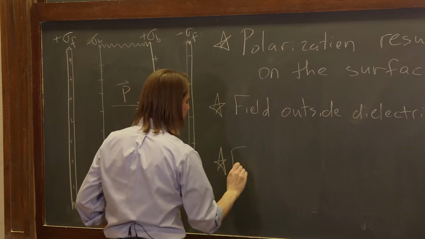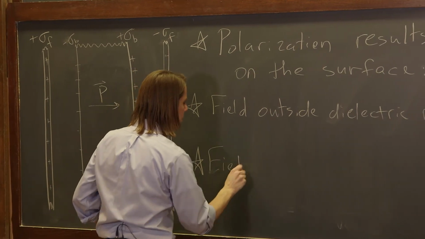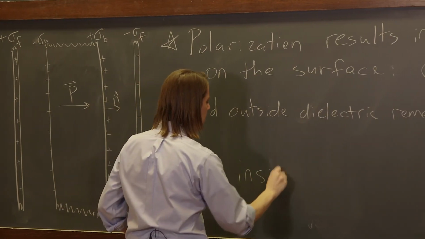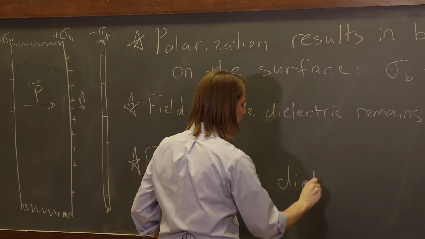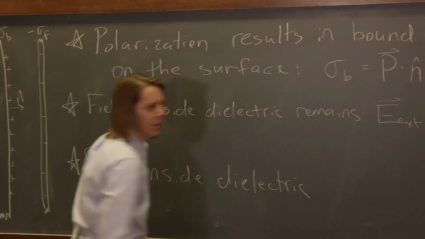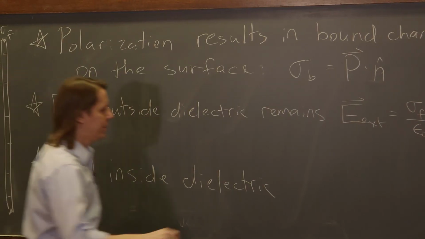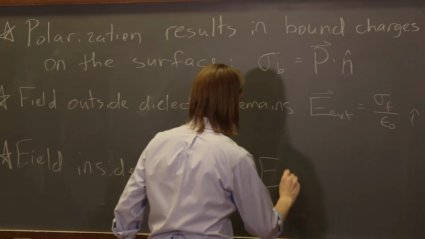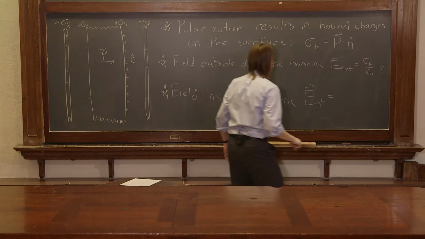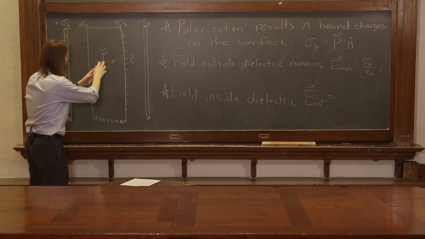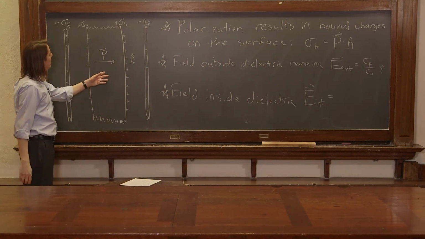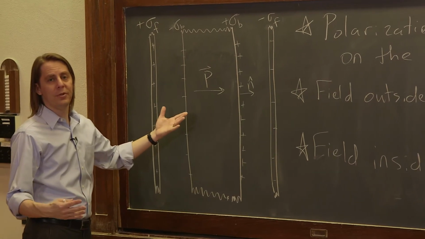Let's look at the field inside the dielectric. And the field inside the dielectric, E internal, equals what? So now, inside the internal field, we basically just have to sum all the fields. Right?